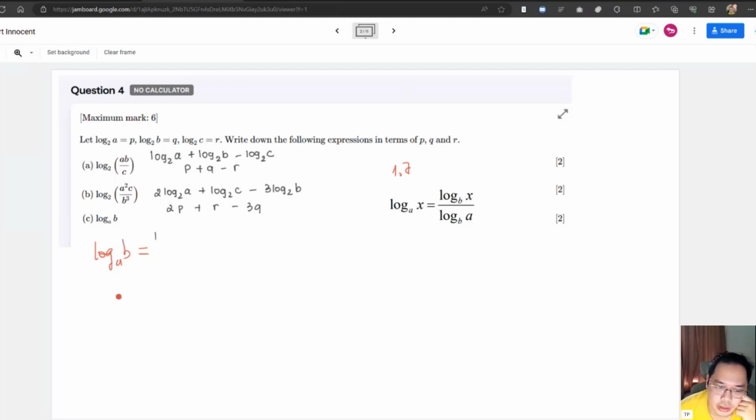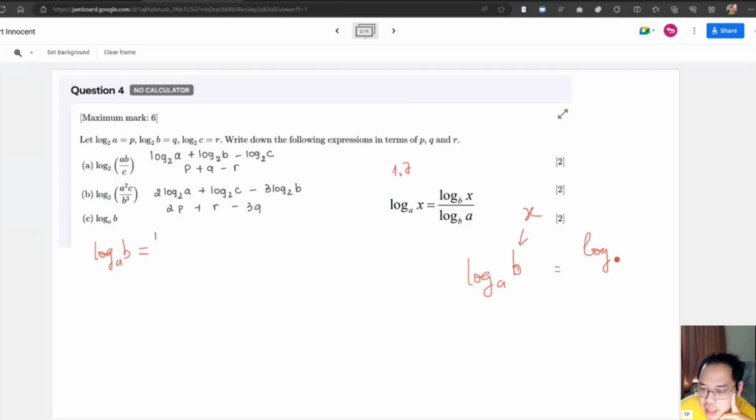Okay, so apply this formula: log base a of x is equal to log base b. Now we can change to any base here, and the b in this formula is not the b here. The b here is x.